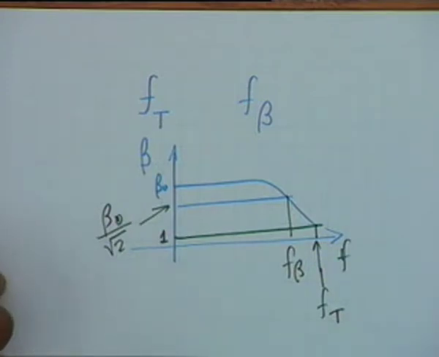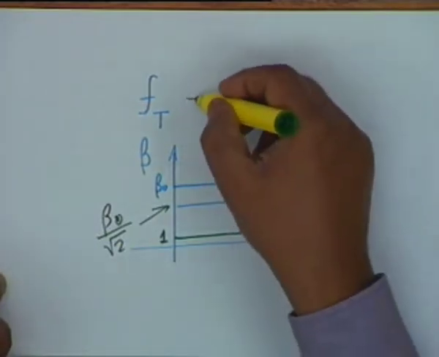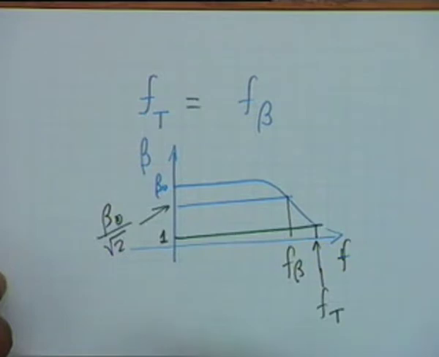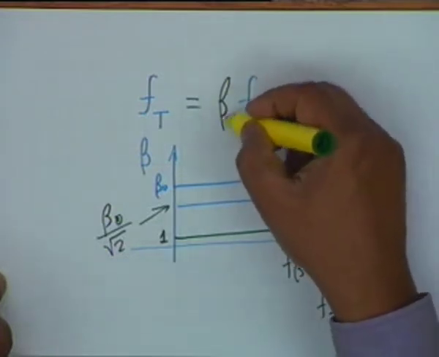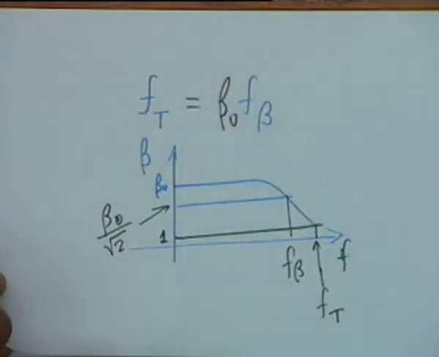The variation of beta determines f beta and f t, and the relationship between f t and f beta is that f t is equal to beta 0 times f beta, and that is why f t is also sometimes called the gain bandwidth product.